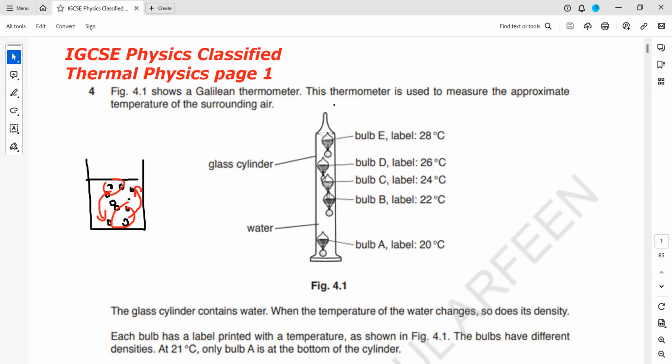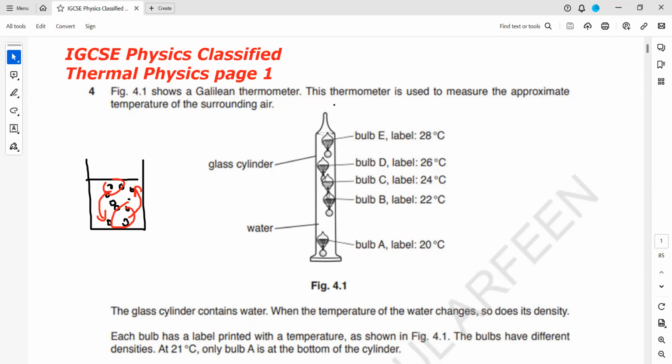Why does it take time? You can mention that the heat energy is transferred through water by convection, and water is not a good conductor of heat, so it takes time to transfer the heat energy. Or you can say water has a high specific heat capacity.